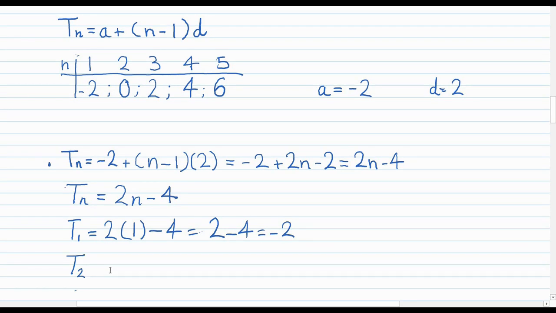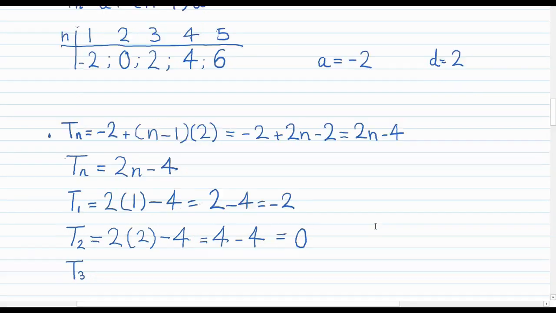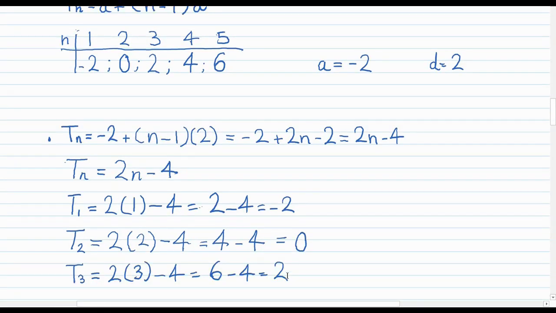When we sub this in, we get a value of 0, which again is correct. Then, for the third term, n is equal to 3, and for it we get a value of 2, which again is correct. You can try it by yourself for the other terms in the sequence, but you should see that you'll keep getting the correct values.